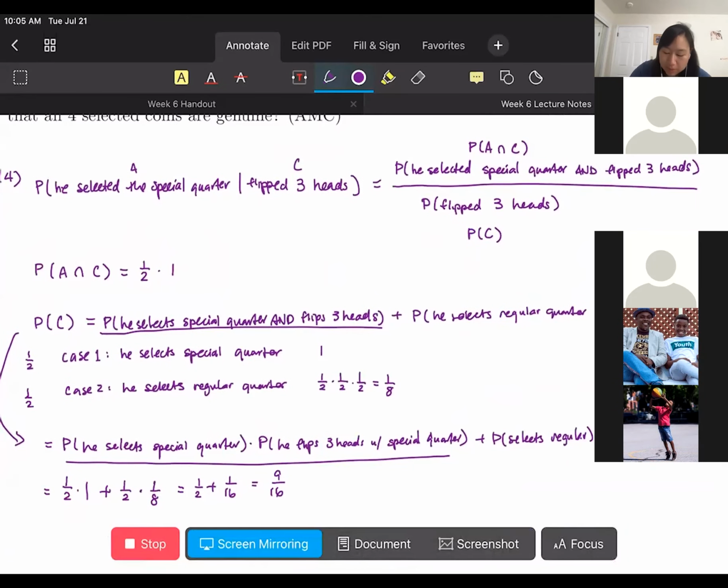So when you flip three coins, you can get heads, heads, heads, heads, heads, tails. I'll write down all 8 possibilities. These are all the possibilities you can get when you flip 3 coins, right?